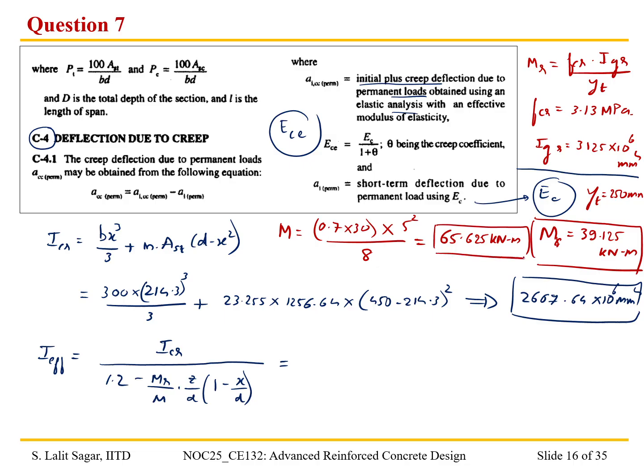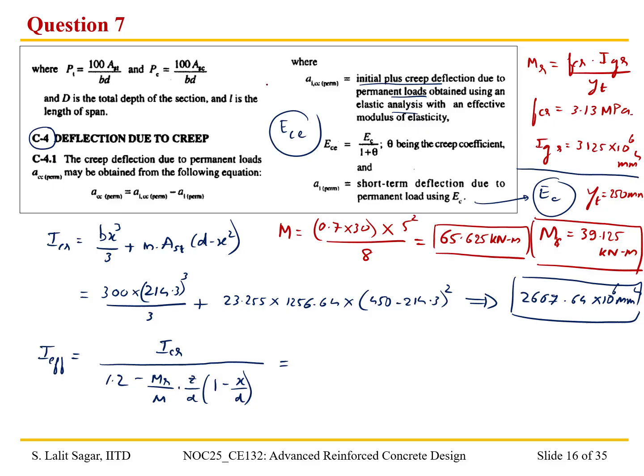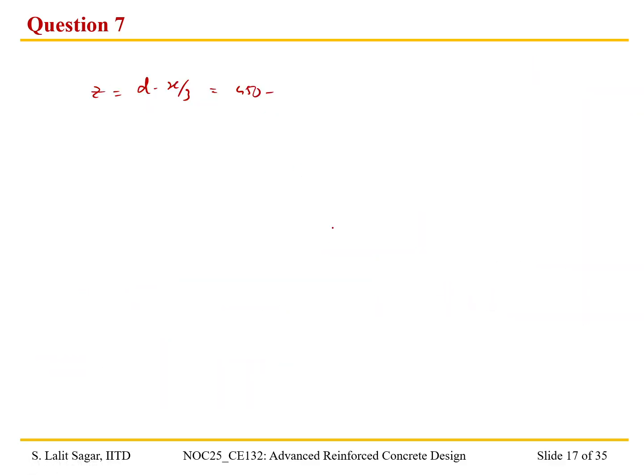So we have the value of MR, then we have the value of M, and we need to find out the value of Z. Let me write down the next slide, right? Z is equal to D minus X by 3, that is 450 minus, I think, 214.3 by 3. 214.3 divided by 3.